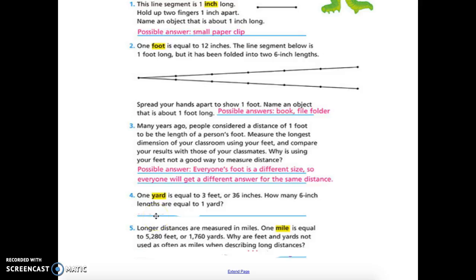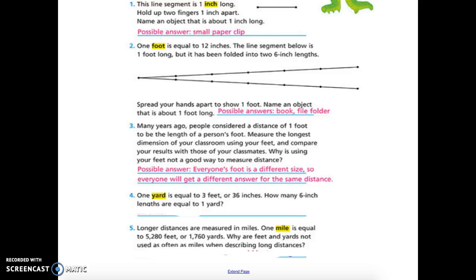Number 4 says 1 yard is equal to 3 feet, or 36 inches. Remember we said 1 foot was 12 inches, so if I have 3 feet, 12 times 3 is going to give me 36 inches. How many 6-inch lengths are there in 1 yard?